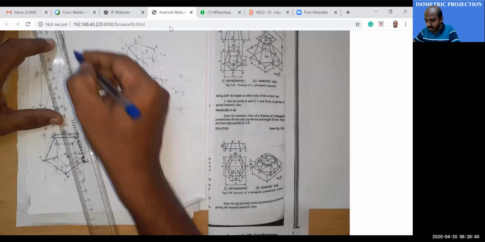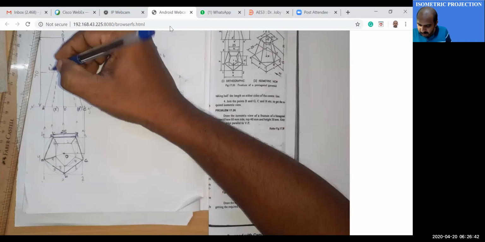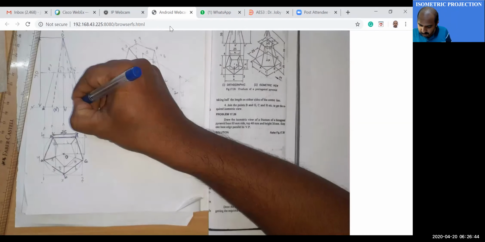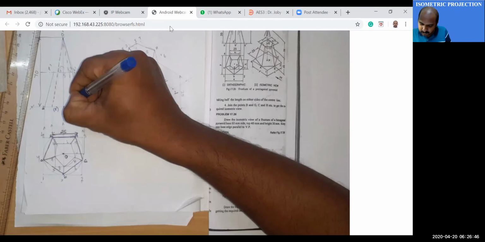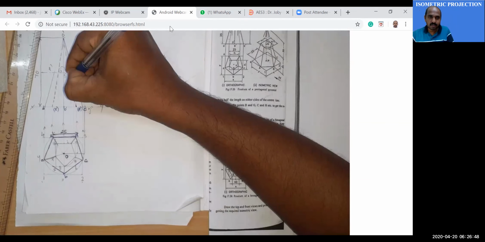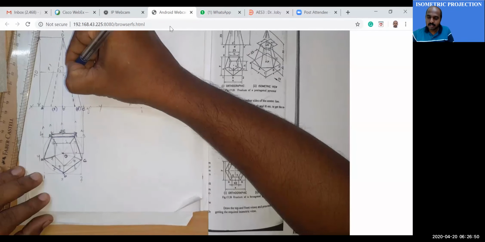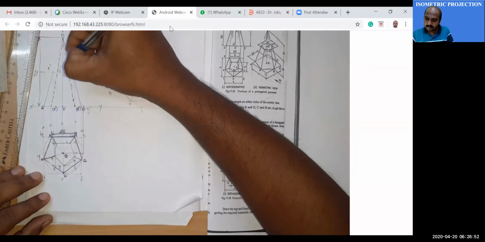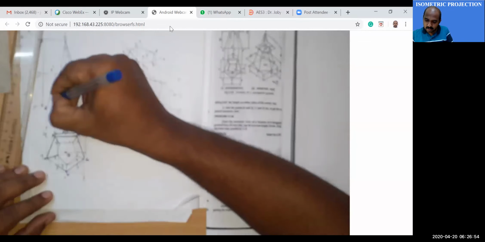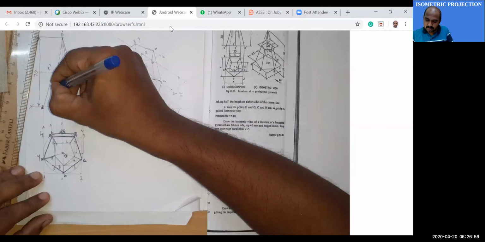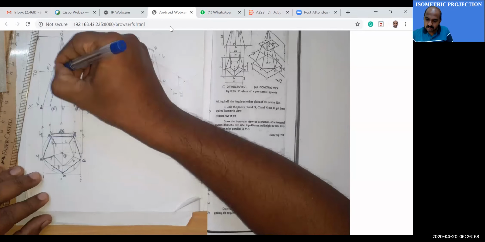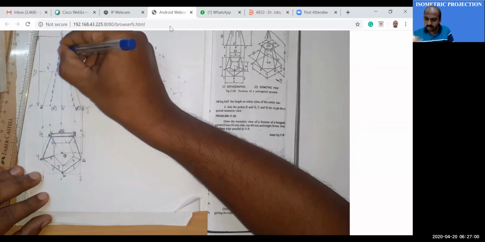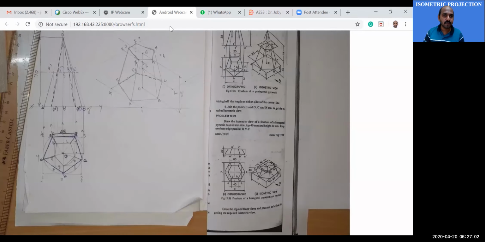The remaining points: O dash D dash is hidden, so it is a hidden dashed line. Similarly, O dash E dash is also hidden. Now, think about our cutting plane.